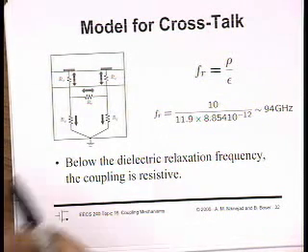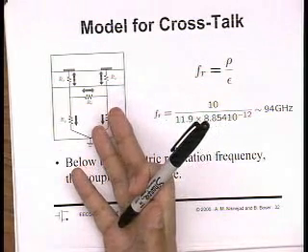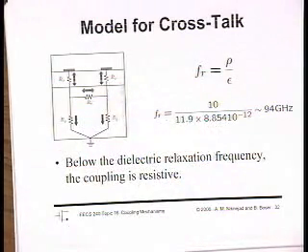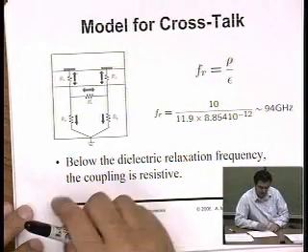At high frequencies, we know that there could be displacement current flowing through the substrate, right? So why is it that this resistive network seems to work well? Anyone want to take a stab at it? Okay, you guys are shy today.